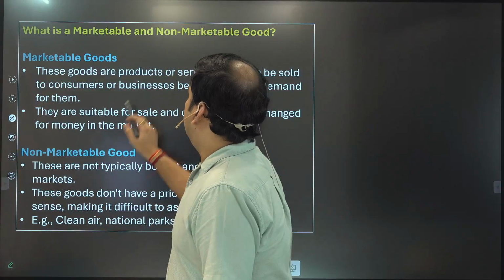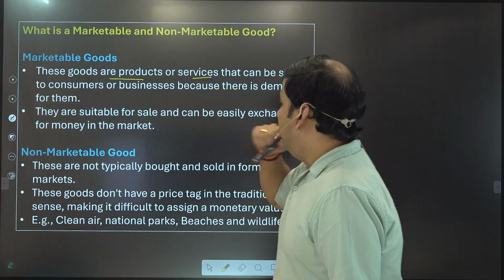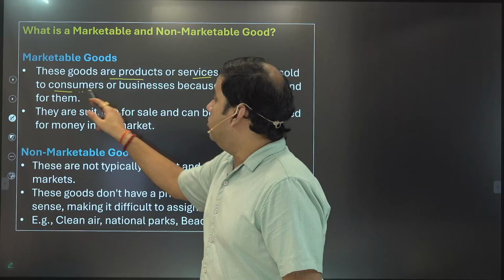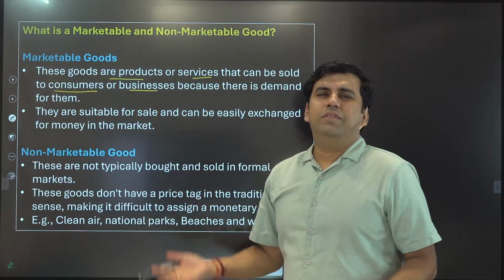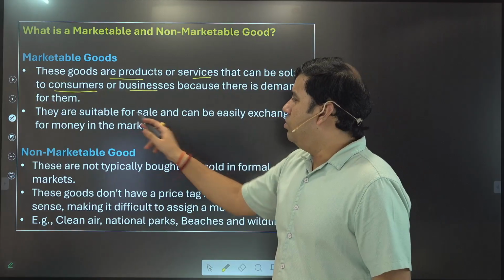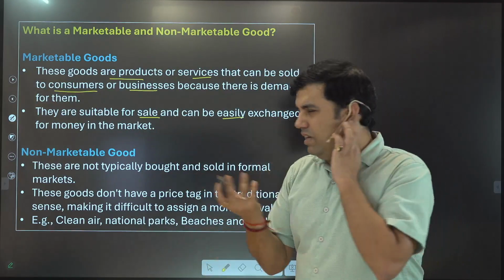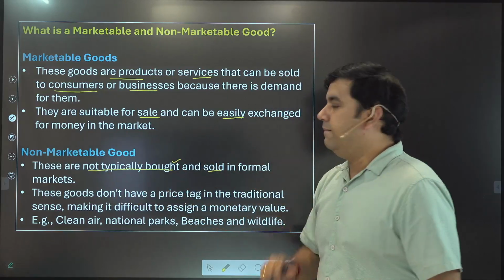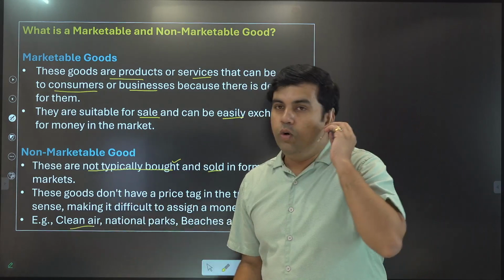Those goods which are produced, products and services, that can be sold to consumers or businesses because there is demand for them. They are suitable for sale and can easily be exchanged for money in the market. Anything that you purchase. They are not typically purchased or sold. From the example you will get it. Clean air.